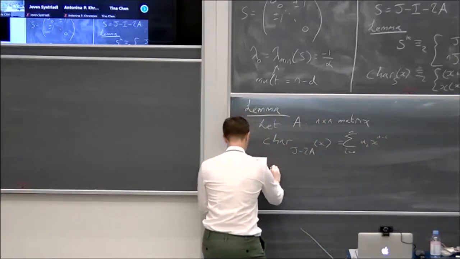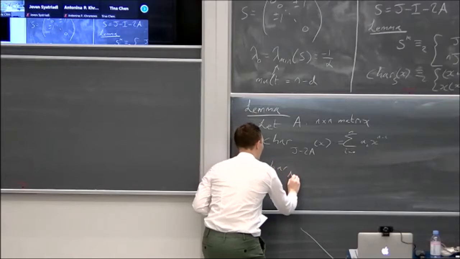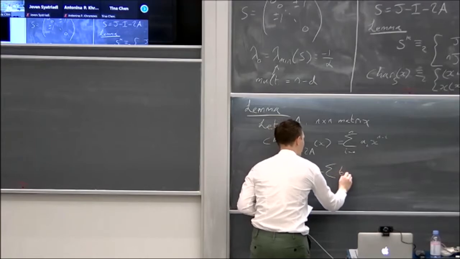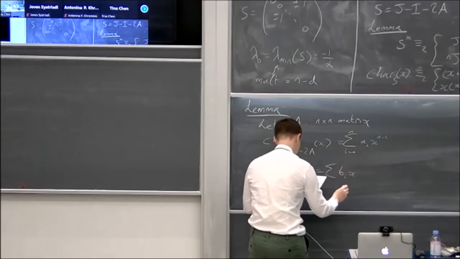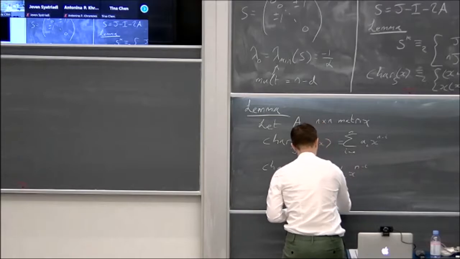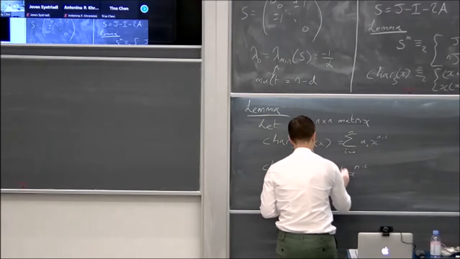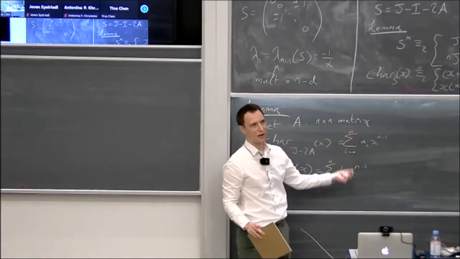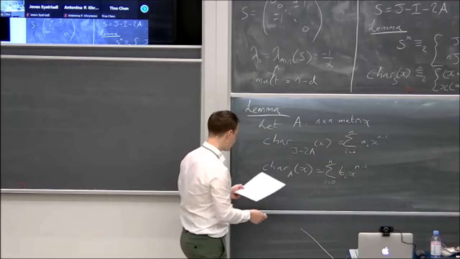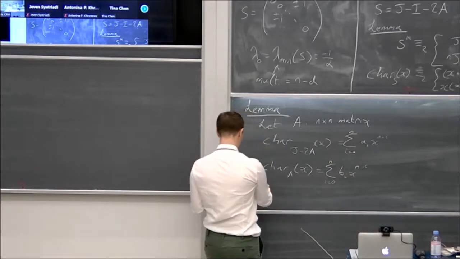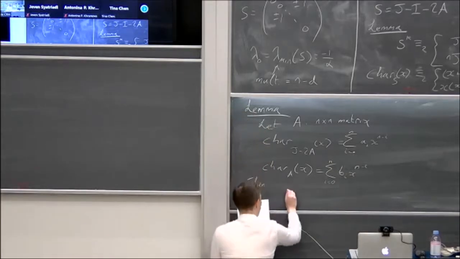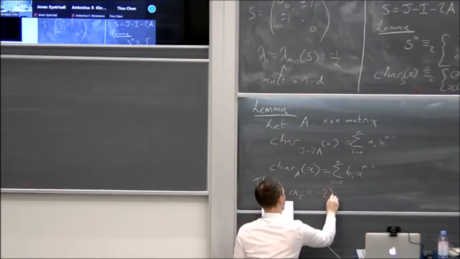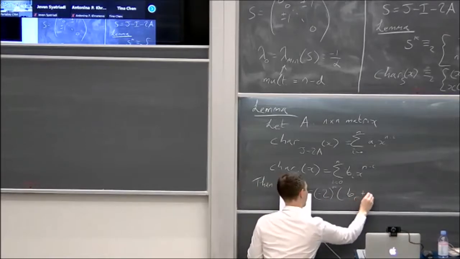And we'll also write down the characteristic polynomial of A, and we'll give that one b_i's for its coefficients, the sum over i from 0 to n of b_i x^(n-i). So we have our two characteristic polynomials, and we want to relate their coefficients to each other. This is our setup, and the conclusion is that the r-th coefficient of the first polynomial can be written in terms of the b_i's.